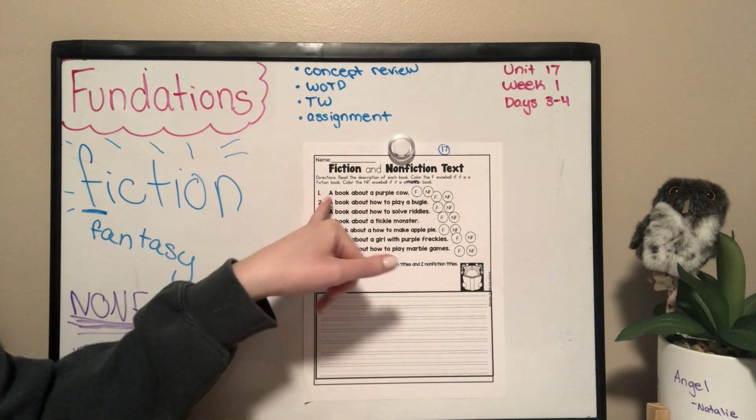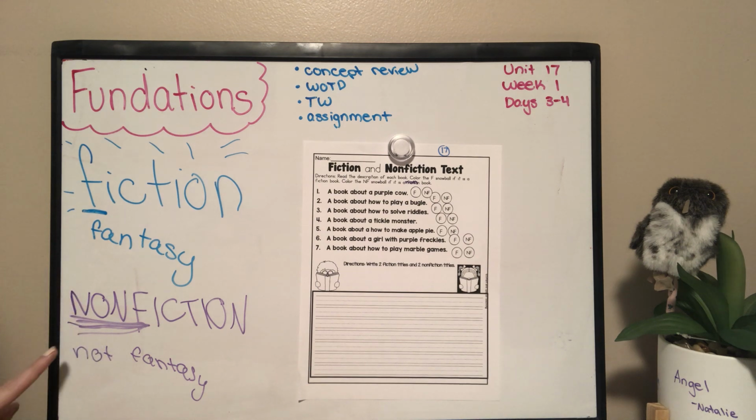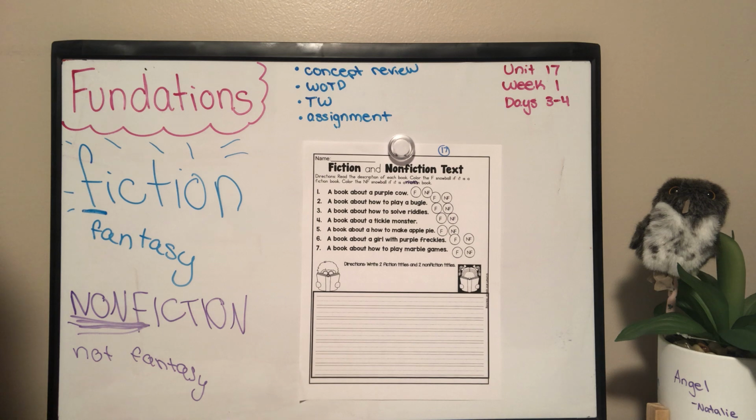All right, so a book about a purple cow. Is that going to be a fantasy story or a not fantasy story? Is this a pretend story or a true story? A purple cow. If you're sitting there thinking to yourself, well, I don't know, Miss O'Neill. Maybe the cow went to the hairdresser and decided it was time to change up her look, so she decided to get some purple hair.